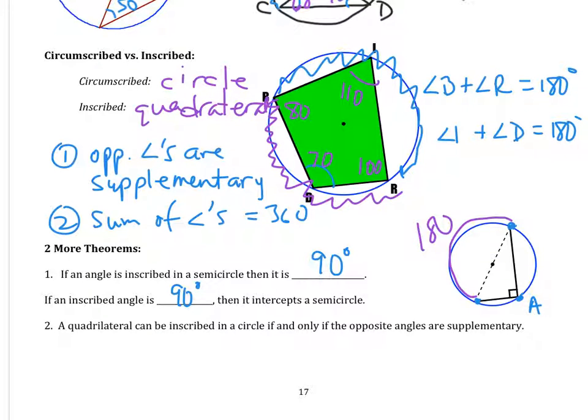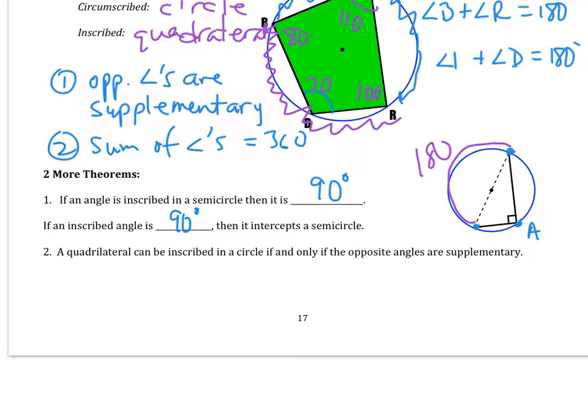So, using number two, are there any examples that you can think of from the last chapter of a figure that cannot be inscribed in a circle? So, for example, can a square be inscribed in a circle? Yes?